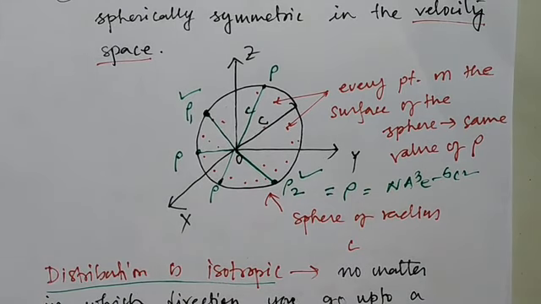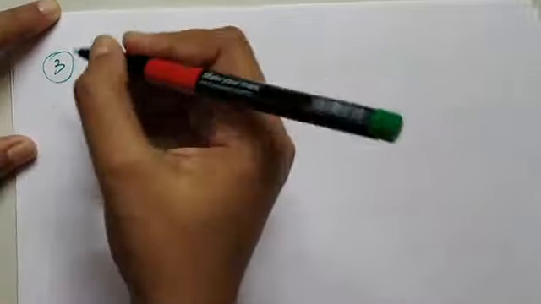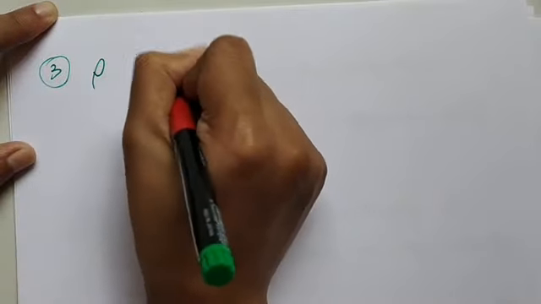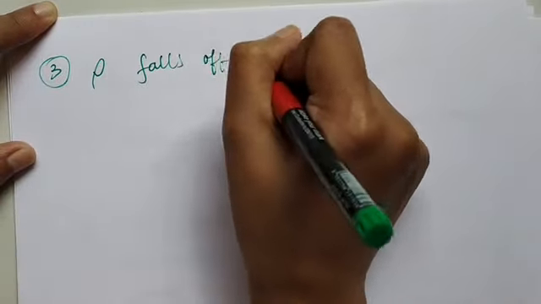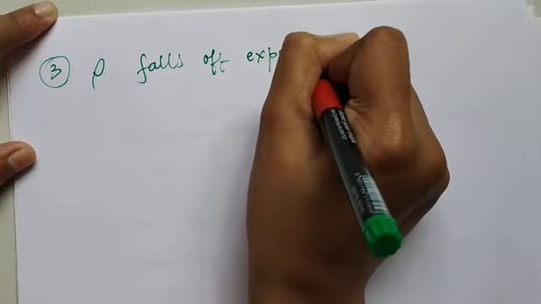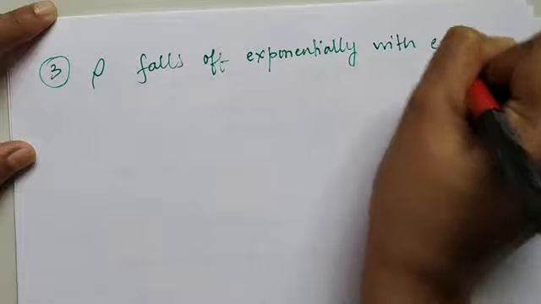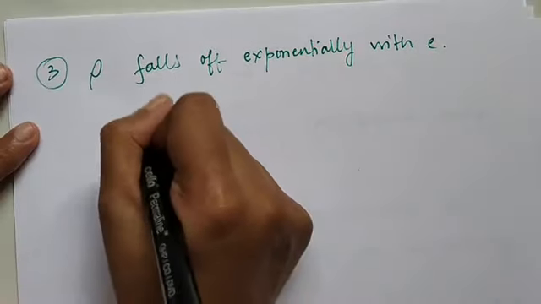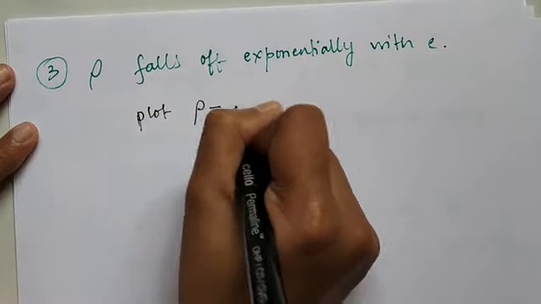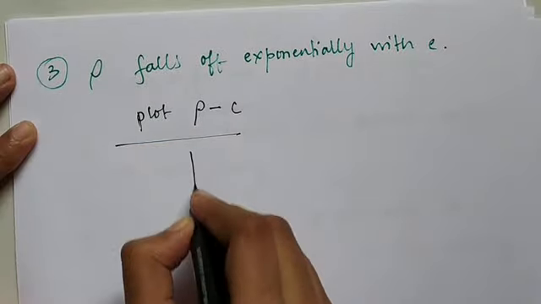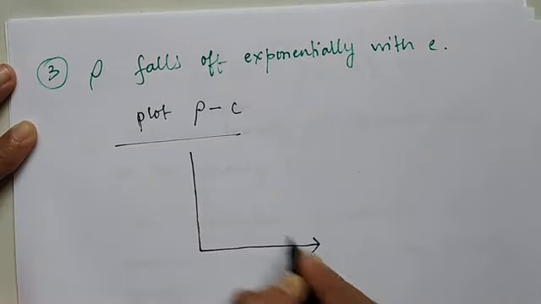Okay. Now the third point is that rho falls off exponentially with c. Now if we plot rho against c, the plot will look like this.